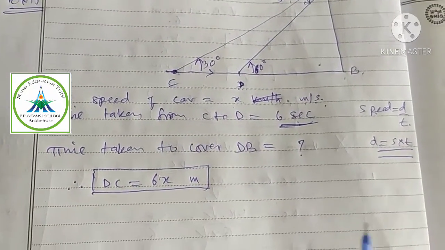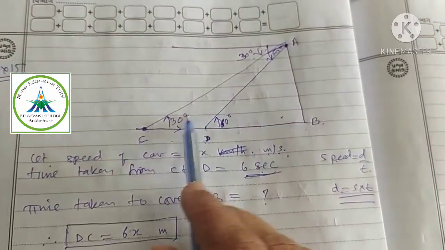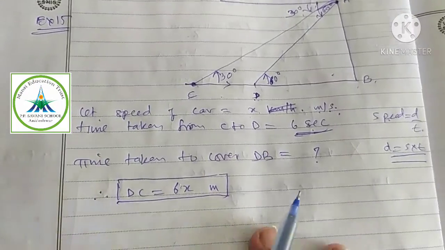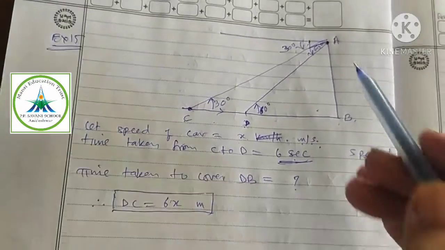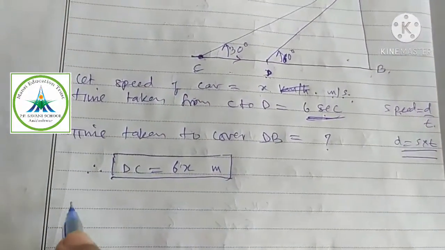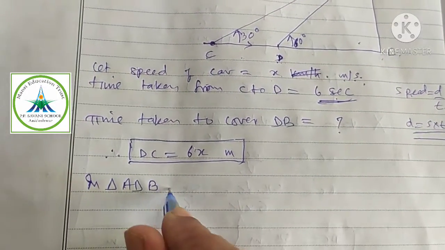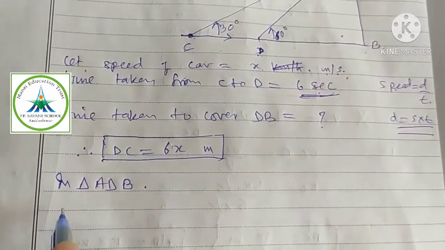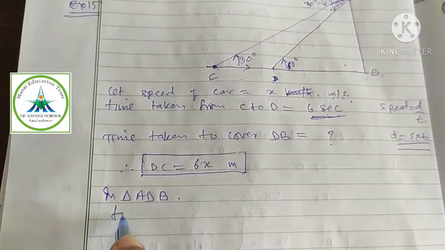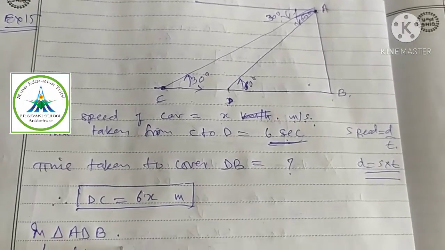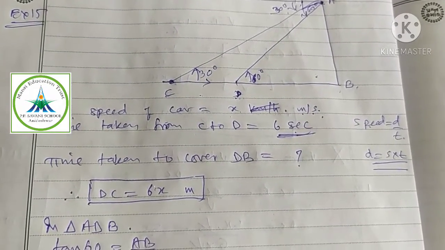Now we will take these triangles. What are the two triangles? One is ACB and the other is ADB. And now I am taking triangle ADB. In the first triangle, you can take any triangle. So tan 60 equals AB upon BD.